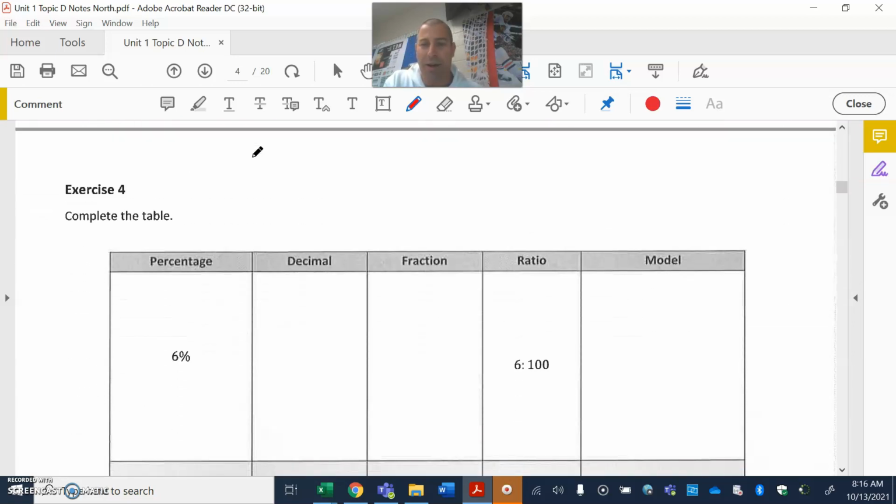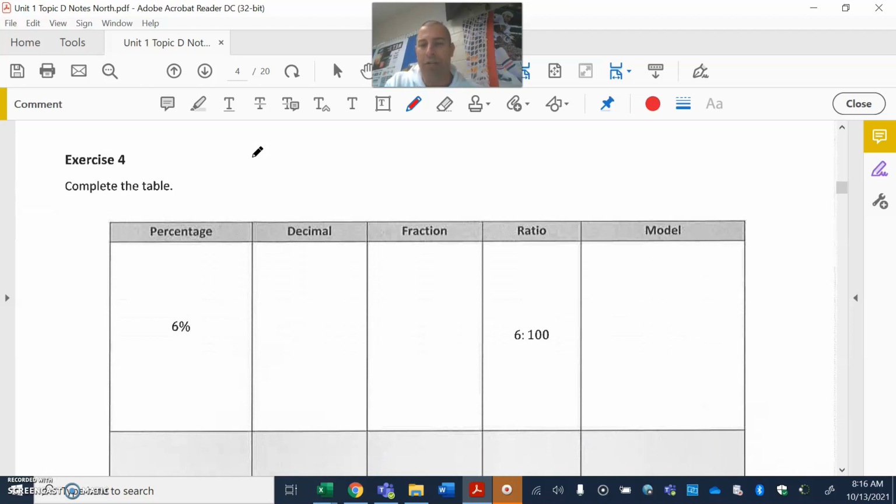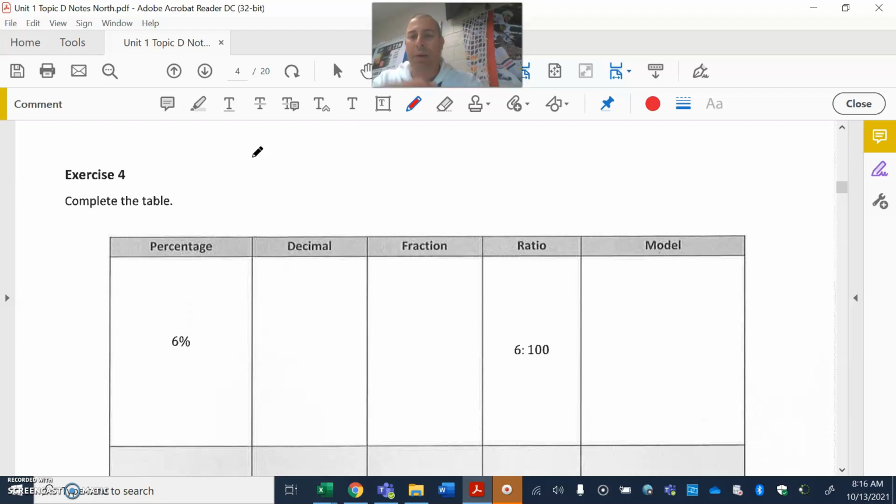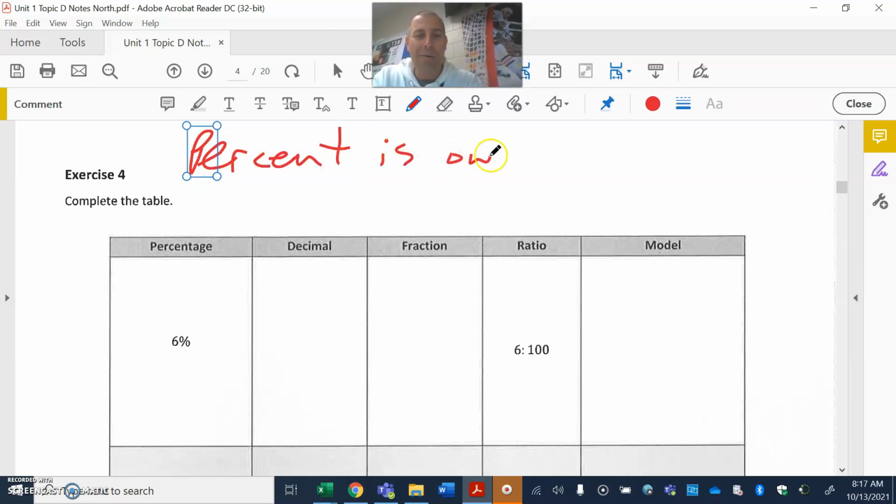Here we go. This is really where we want to focus and get our main ideas. Make sure you label this up there: we are going to use the idea that percent is out of 100. That is a key idea here.